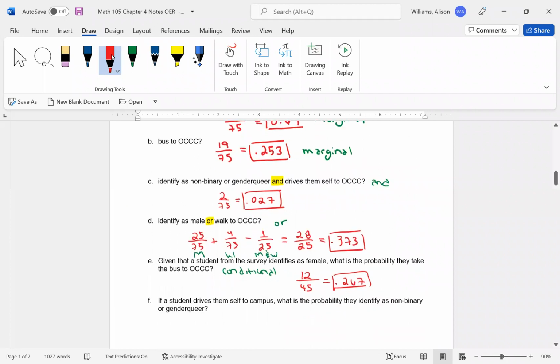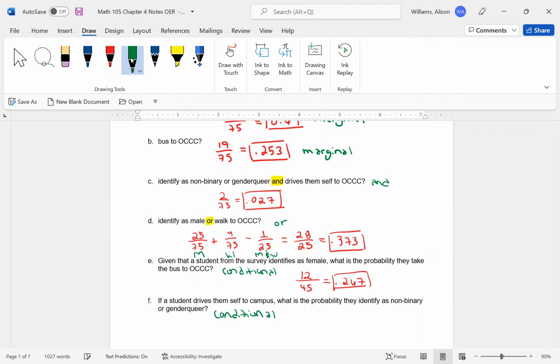Now this, even though it's written a little differently, is still a conditional. If a student drives themselves to campus, what is the probability they identify as non-binary or genderqueer? So again, they're limiting us to just the people who drive themselves. So again, it's a conditional. The condition is they're driving themselves.